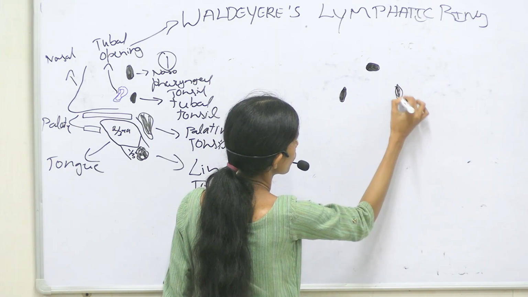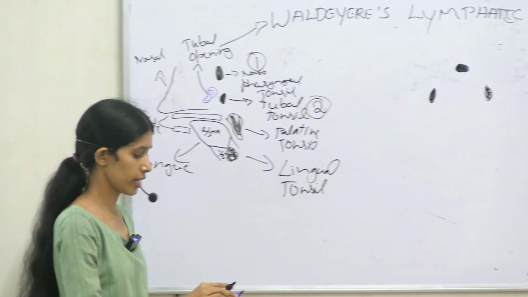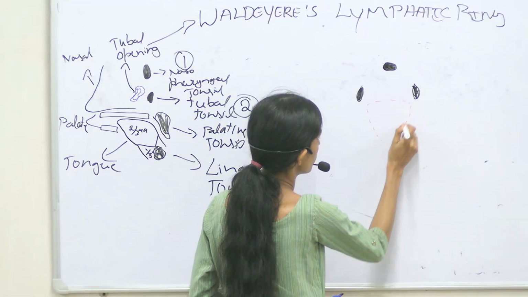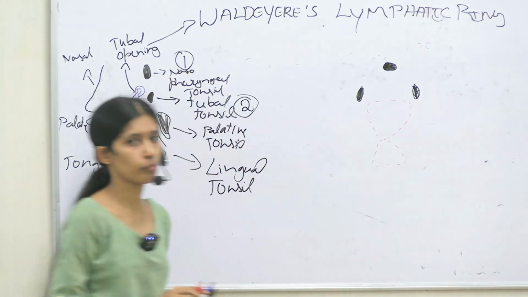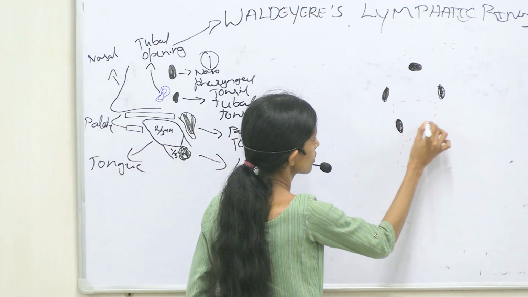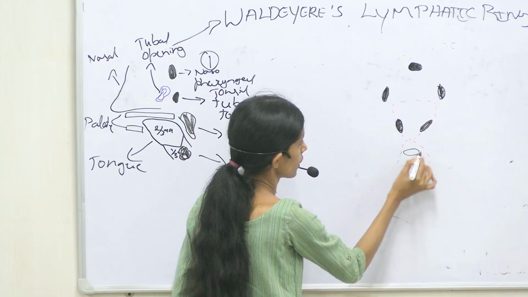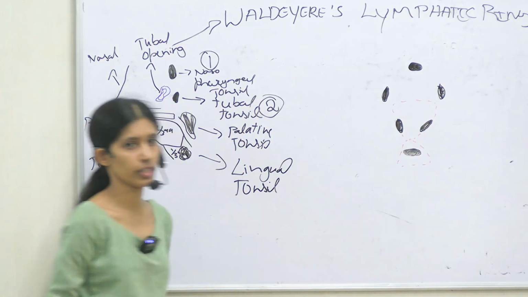This is the tubal tonsil, the second one. Okay. Next we have the palate region here, followed by the tongue part. So on the palate region on both the sides we have palatine tonsils, and on the tongue part we can see the lingual tonsil here. Okay.